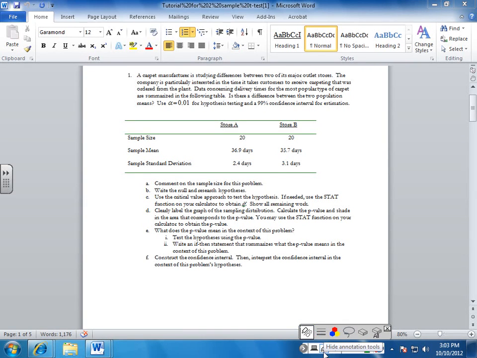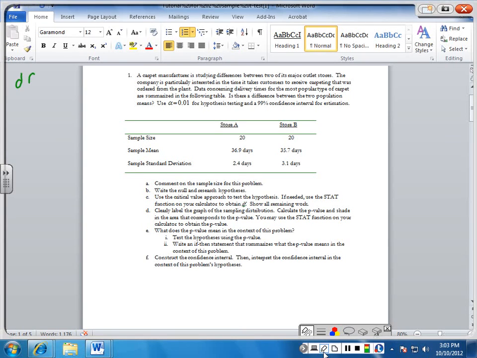Okay, so now let me go ahead and write over here that the degrees of freedom was 38, and the standard error was 0.877.